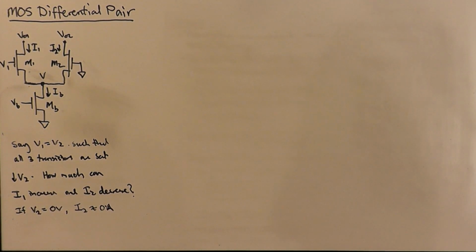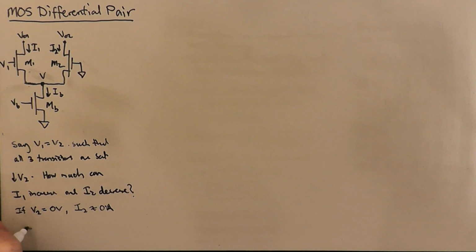Compared to I1, it's going to be negligible. And so that means that I1 is going to have to be supplying all of IB. IB is coming from M1 and M2, and if M2 is basically as off as we can make it, then all of IB has to come from M1.